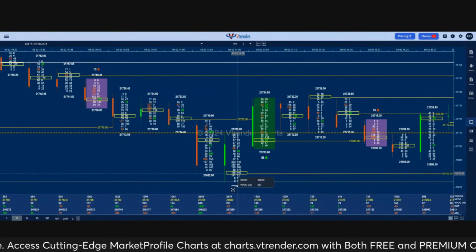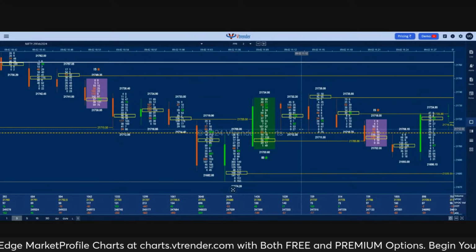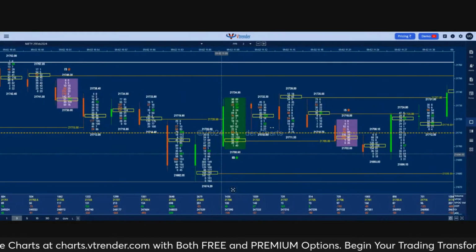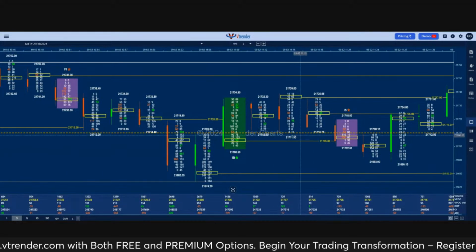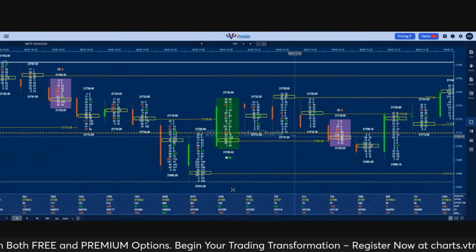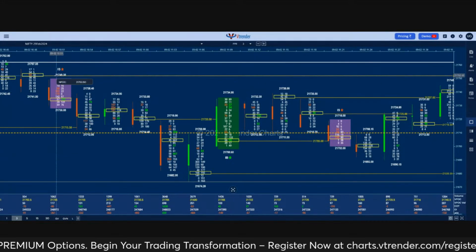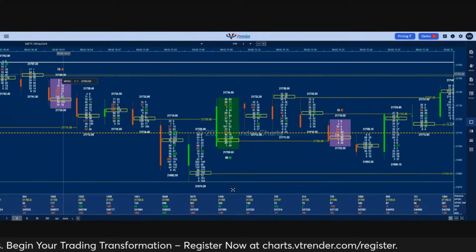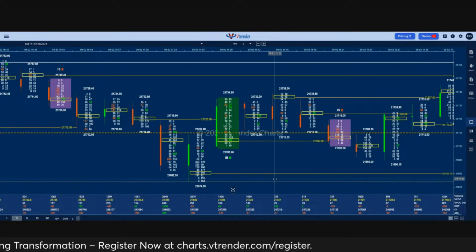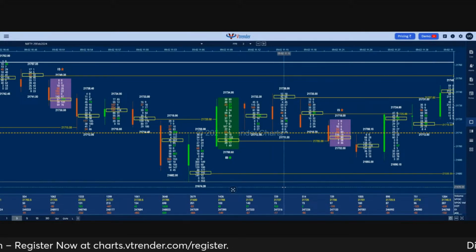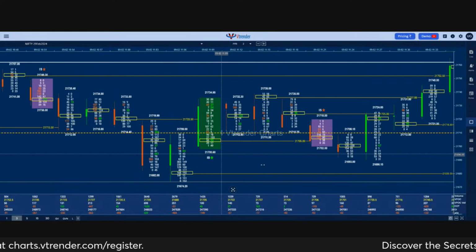So unless we break this 21680, we would not look for any short trades. And one more level to watch here was this IS high, the 21749 level. This also had to be negated for us to get some clue that the selling is done in the Nifty futures.